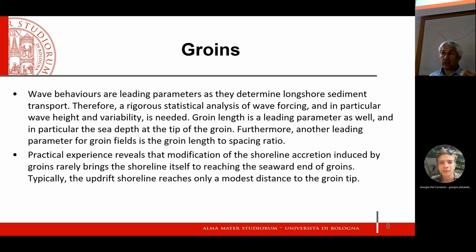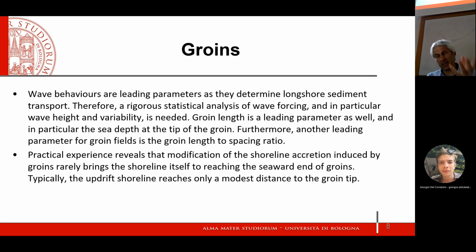But there are also other leading parameters like the gap, the spacing. Another leading parameter is the orientation of the groin and the shape of the head, because the groin may be rectilinear or T-shaped. Of course, you understand that a T-shaped groin is like a combination between a groin and a breakwater, and we expect it to be more effective.